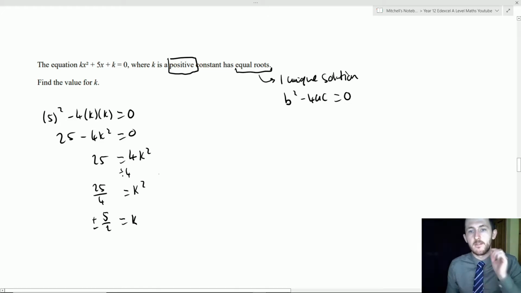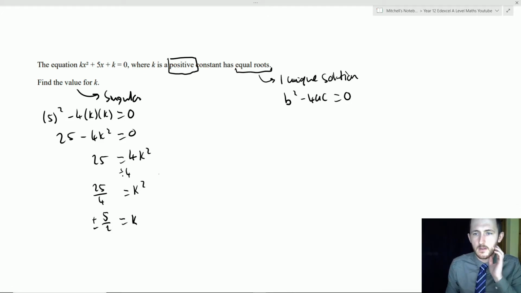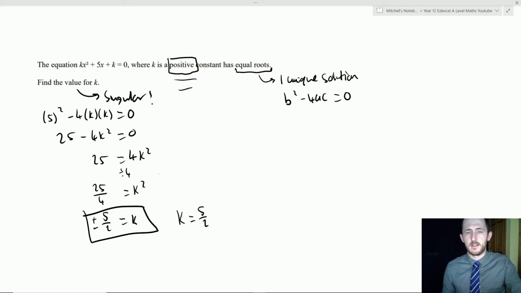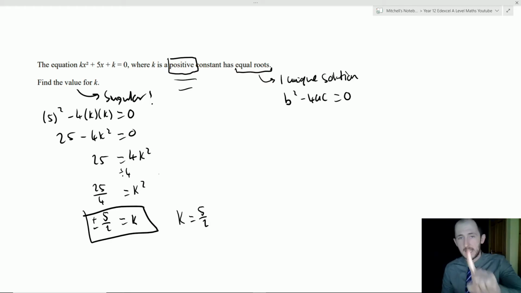Okay. Find the value, singular. Positive constant. So k equals 5 over 2. Students drop a mark all the time by stopping here. The question's asking for one value because there's one answer, because it's a positive constant.